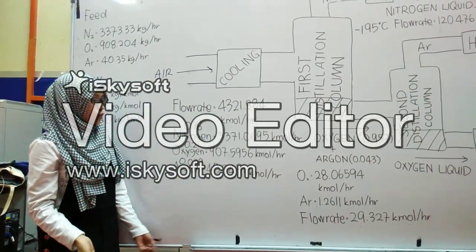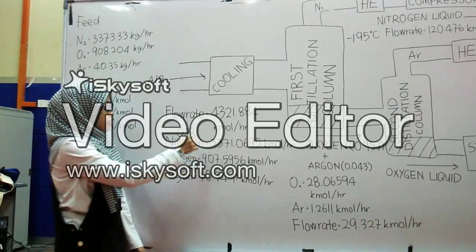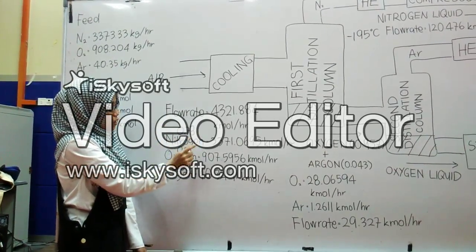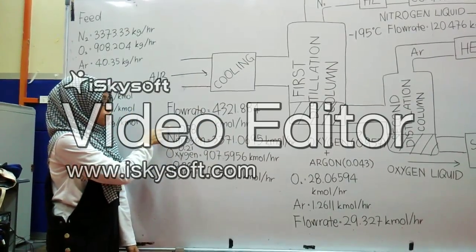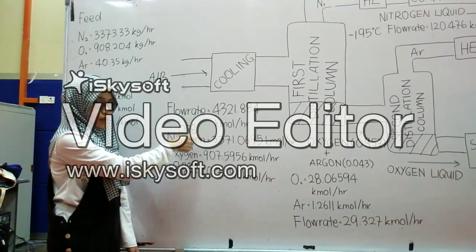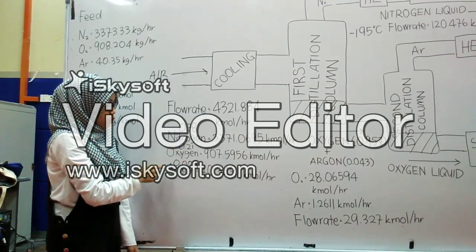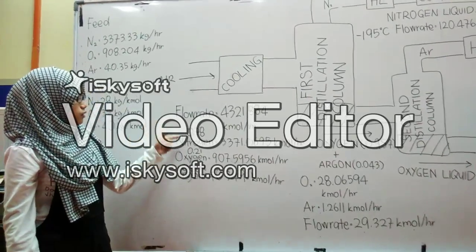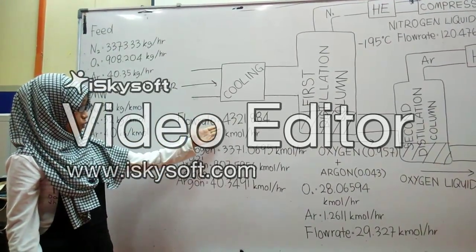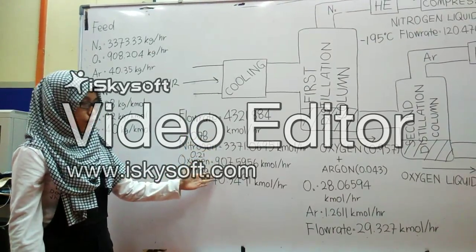How to obtain the flow rate for each component? We need to multiply the composition of each component with the total flow rate. For nitrogen, the composition is 0.78. For oxygen, 0.21. For argon, 0.009. So, when we multiply this composition with the total flow rate, we can obtain the flow rate for each component.